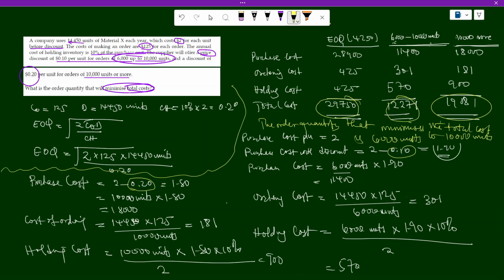When you are not careful and you go for the 20 cents discount, you realize that you have more costs than taking the lesser discount. So you need to do this computation to make sure that you are ordering the quantities that will minimize the cost. So thank you for watching.